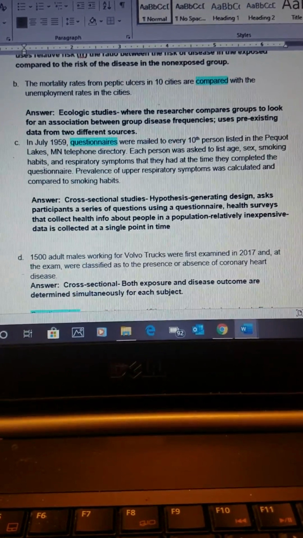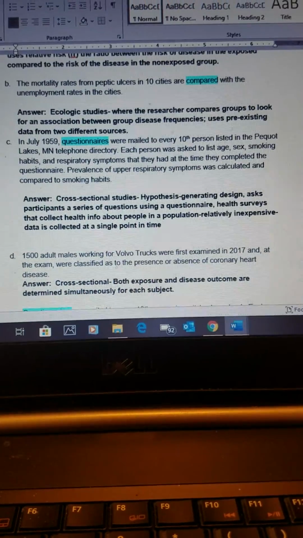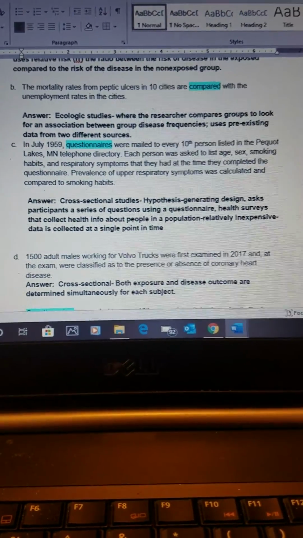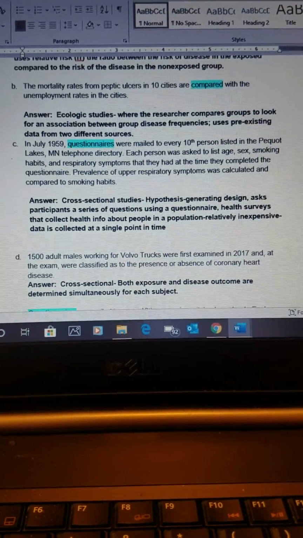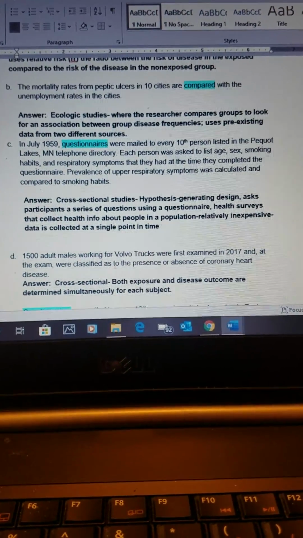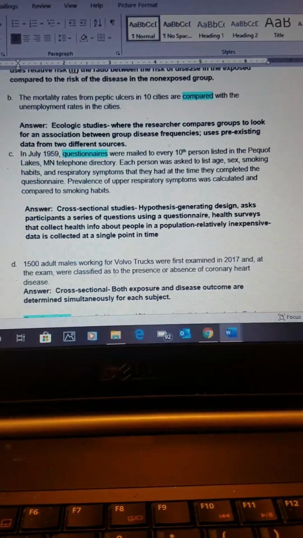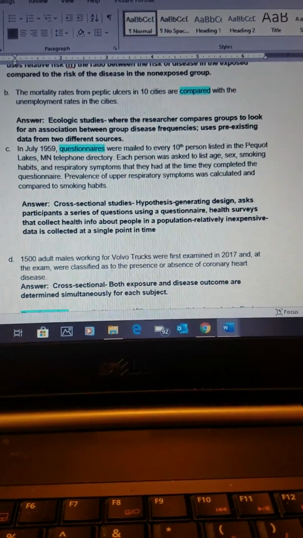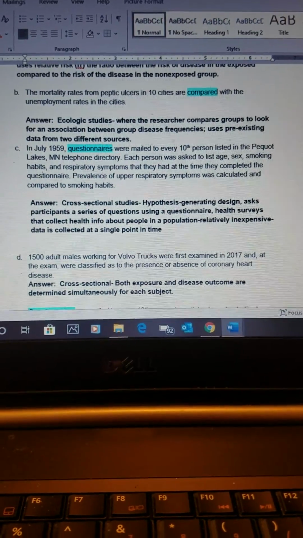Prevalence of upper respiratory symptoms was calculated and compared to smoking habits. For that answer, I put cross-sectional studies because questionnaires were used, and I think I read that this hypothesis generating design asked participants a series of questions using a questionnaire.